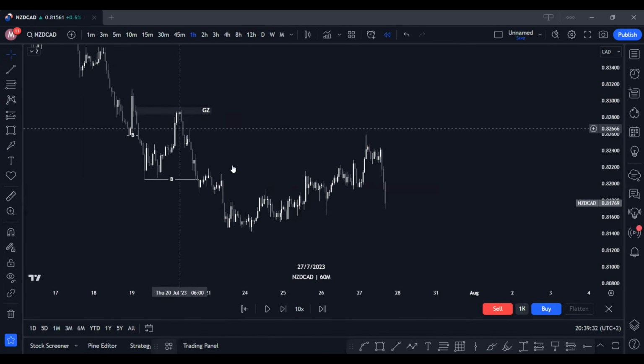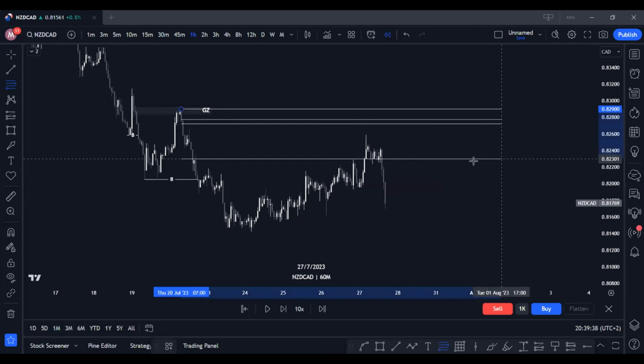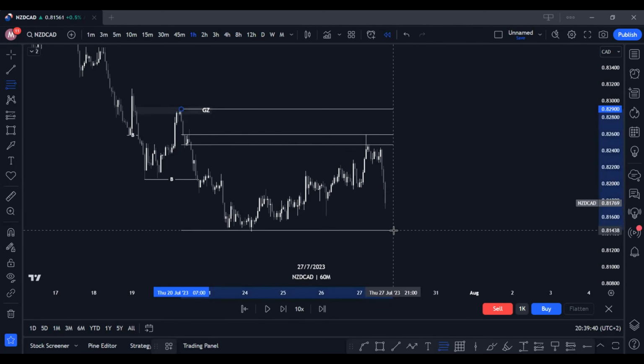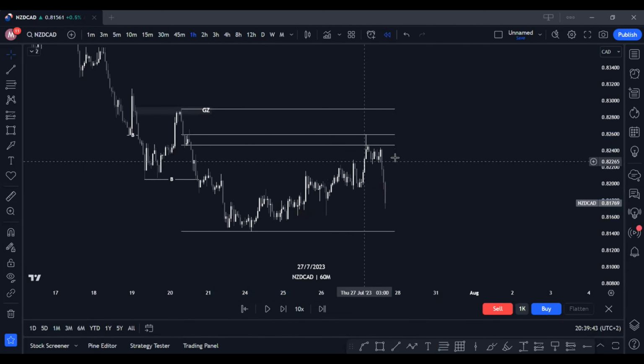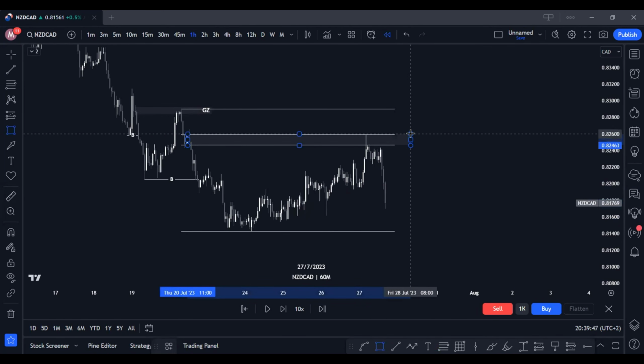Now we can look to take our entries of this area here. Let's just place our golden zone from our high to our low here. As you can see, the price just taps us in and pushes to the downside.